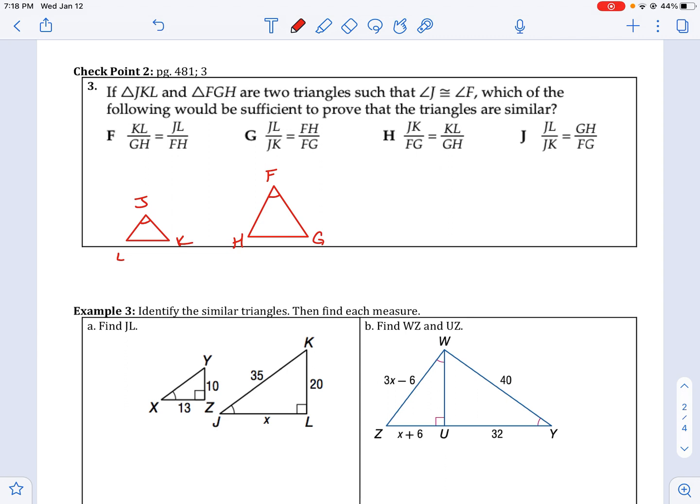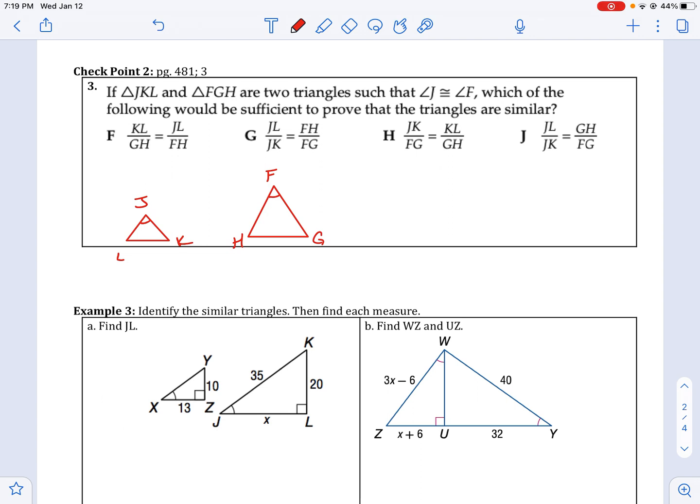So I have one angle. None of these questions are talking about angles. None of these options even include an angle. So I know I'm not going to look for angle. And they gave me an angle already, so I'm probably not using side.